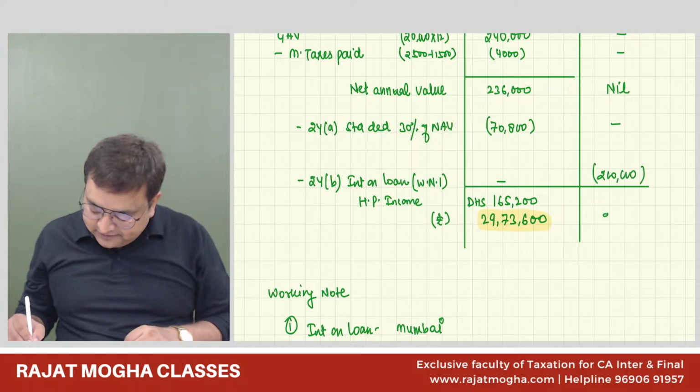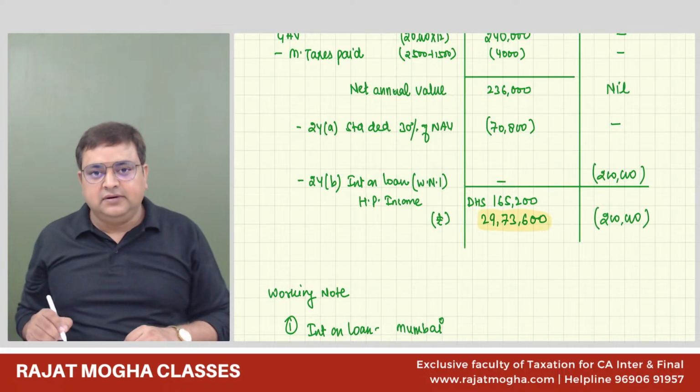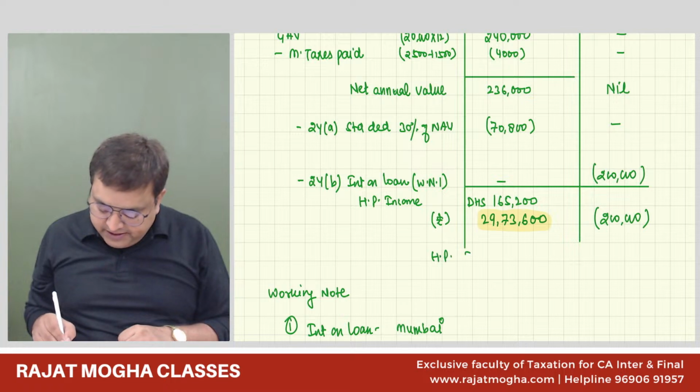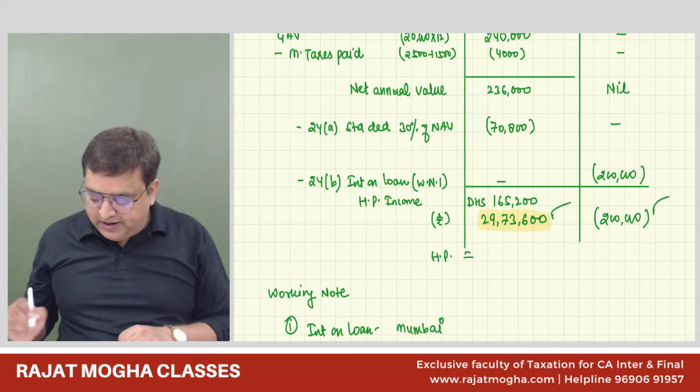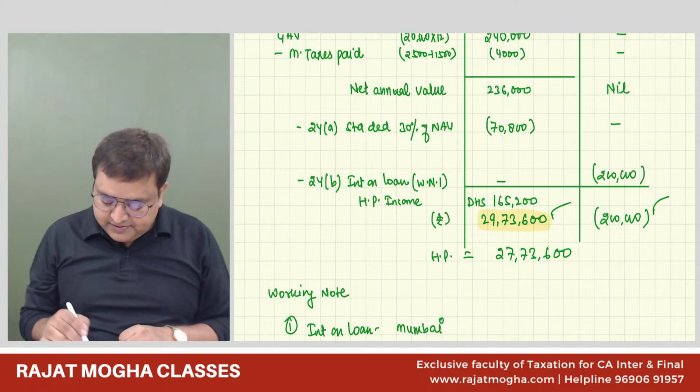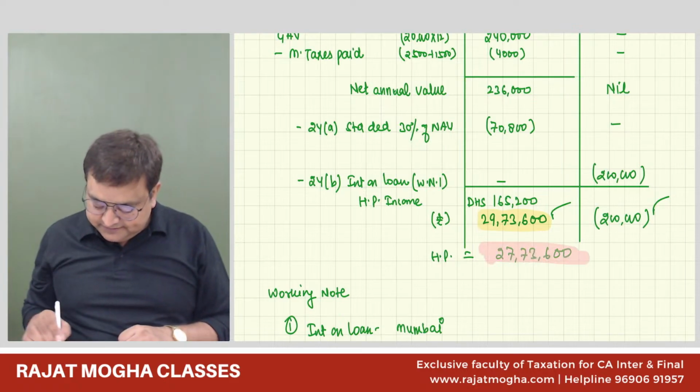So there is a loss. In optional regime, we can get this reduction of 2 lakh rupees. So house property income total would be 29,73,600 positive, 2 lakh negative, 27,73,600. Are you okay with this?